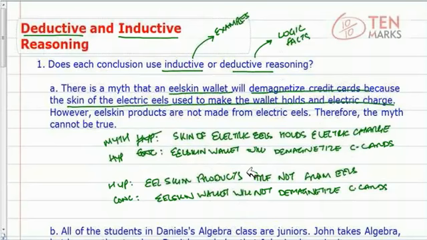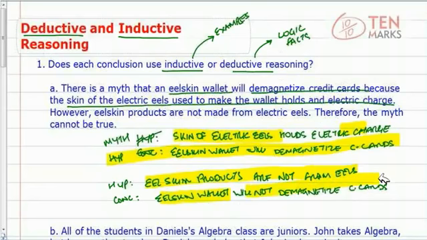We're basically saying the hypothesis is that eelskin wallet will demagnetize credit cards, and it comes from the myth that the skin of eels holds an electric charge. So let's say this is true. But since we know that eelskin products are not made from eels, this is not true, right? So basically what we've proven is eelskin wallet will not demagnetize credit cards.